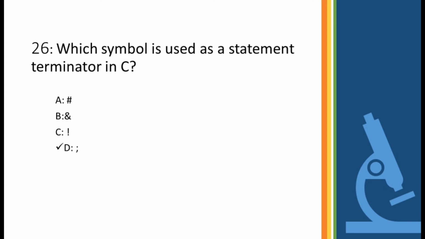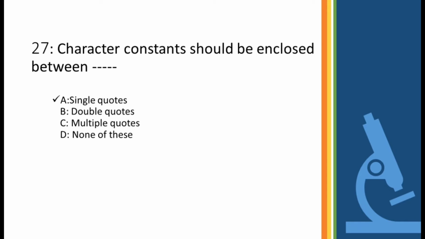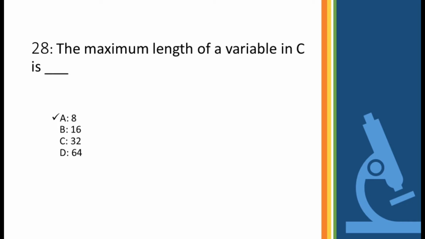The correct answer is D. Character constants should be enclosed between... The correct answer is A, single quotes. The maximum length of a variable in C is... The correct answer is A.